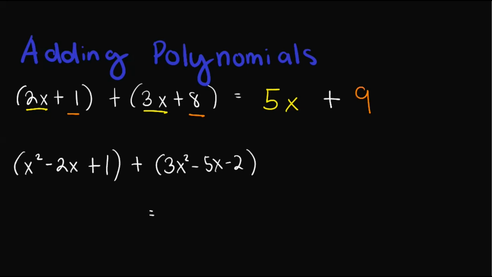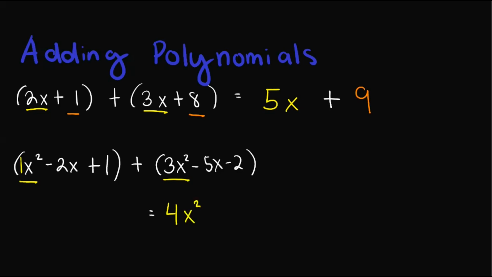So first is x squared and 3x squared since they both have the same variable of x squared. So even though it is not written, we know that the coefficient of x squared is 1. So 1x squared plus 3x squared is simply adding its coefficients, and that is 4x squared.